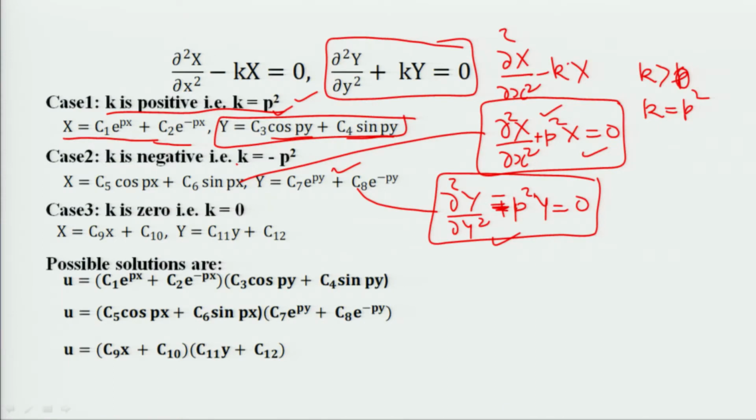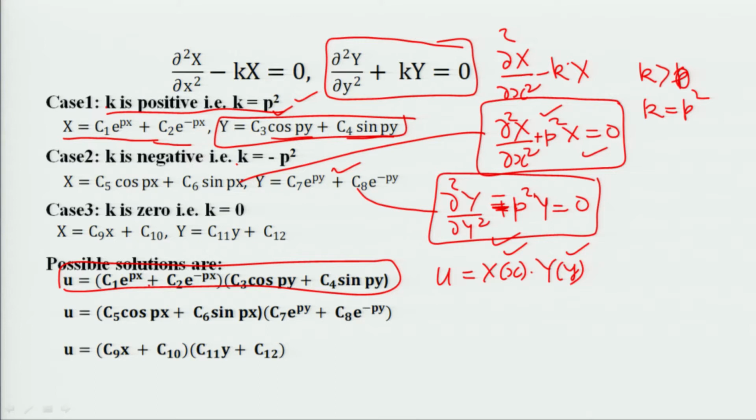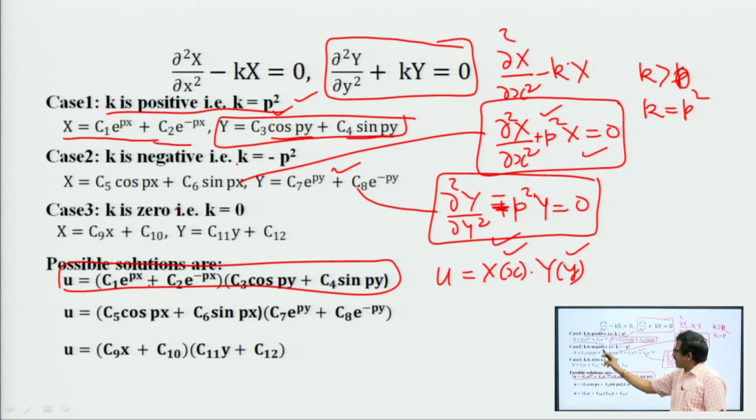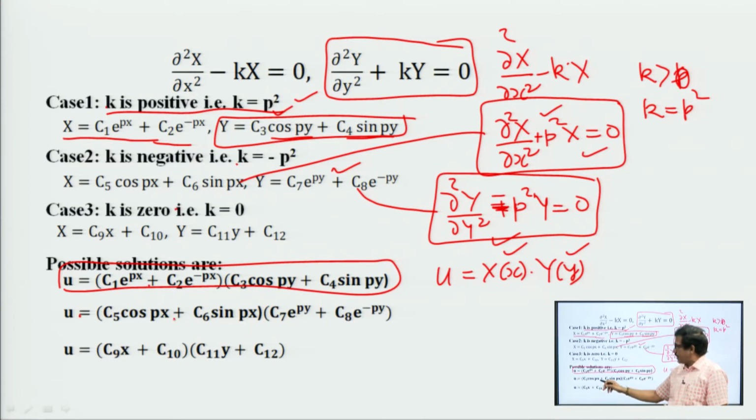For the first case our complete solution would be the product of the x component and y component, because initially we assume that u is a function of x and a function of y, and the obtained solution of X must be multiplied by the obtained solution of Y. In the second case, when k is equal to minus p square, u is equal to a trigonometrical component of x multiplied by an exponential component of y. So, this is the first case and second case.